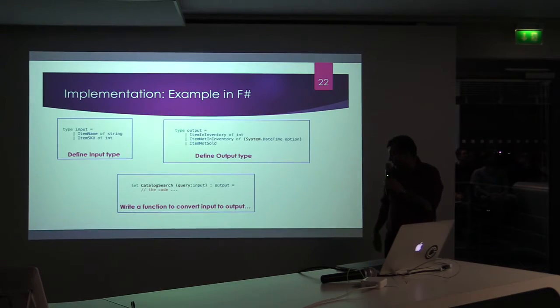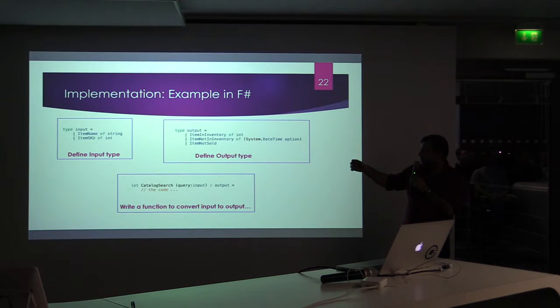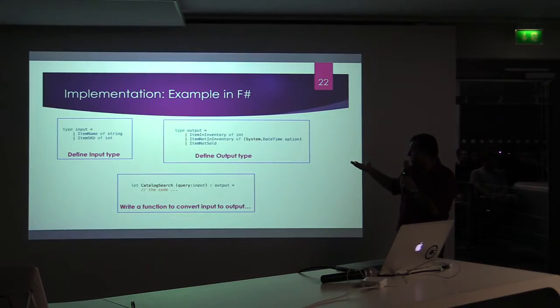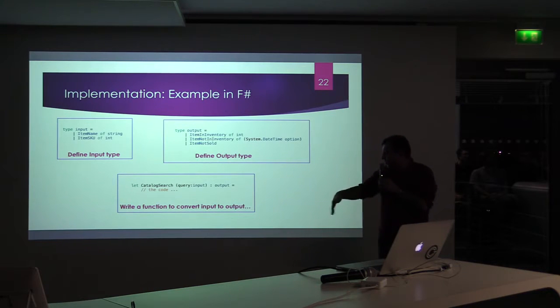And then you carry out an implementation. For example, here you want to search an item, either by an item ID, SKU number, or by name. And the output is: the item is in inventory, I can give you a count; the item is not in inventory, but I possibly could give you a date when it would be; or we don't carry that item. And then you have a function that maps these input events to these output events.